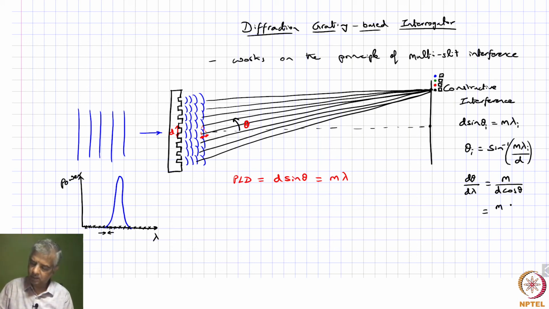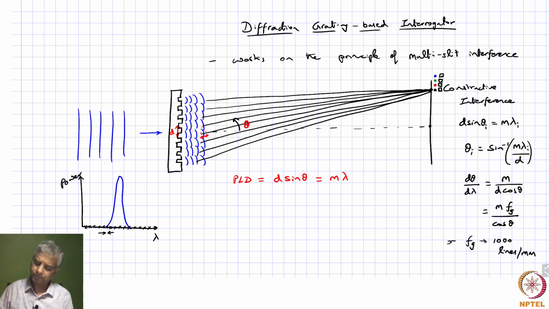So you can just rewrite this as m fg over cos theta, where fg is corresponding to the spatial frequency of these slits or the lines, and fg is typically in the order of 1000 lines per millimeter, or rather if you want to talk in terms of d, that will correspond to d of 1 micron spacing.